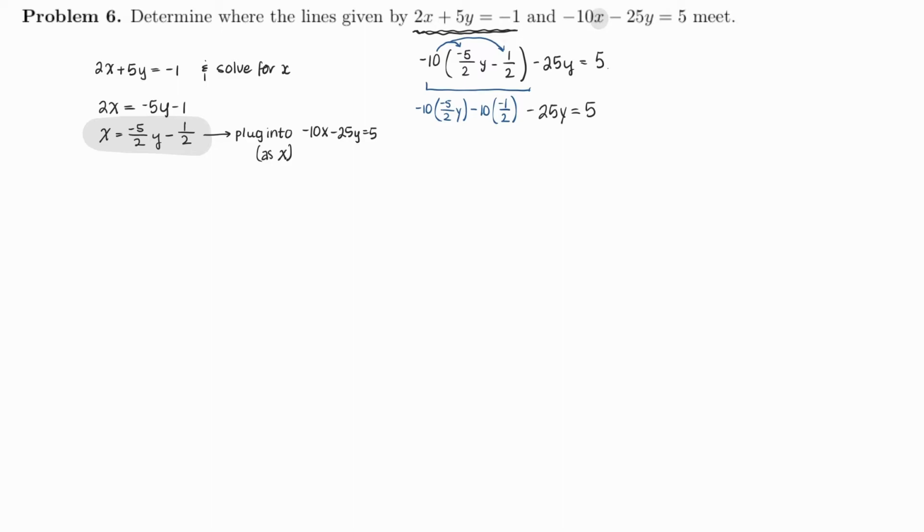Okay, so I think what I might need to do is rewrite some of these as fractions. Well, I guess I don't need to do that. I can just multiply these, right? Negative 10 is the same thing as negative 10 over 1.